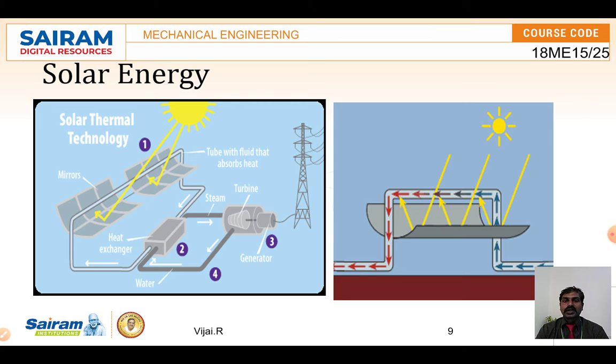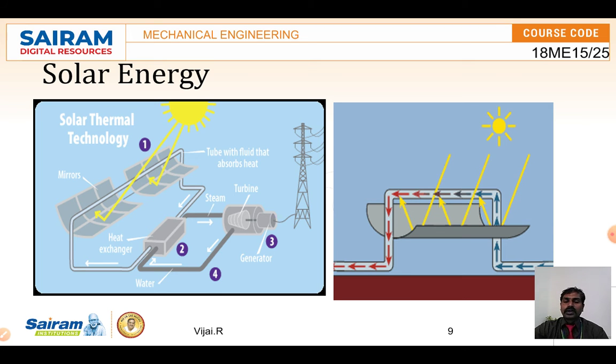This is the concept of parabolic reflectors. Like lenses, which we might have seen focusing rays to a point, here the reflectors concentrate the sun rays on a single point of contact, the pipe where the water is flowing.